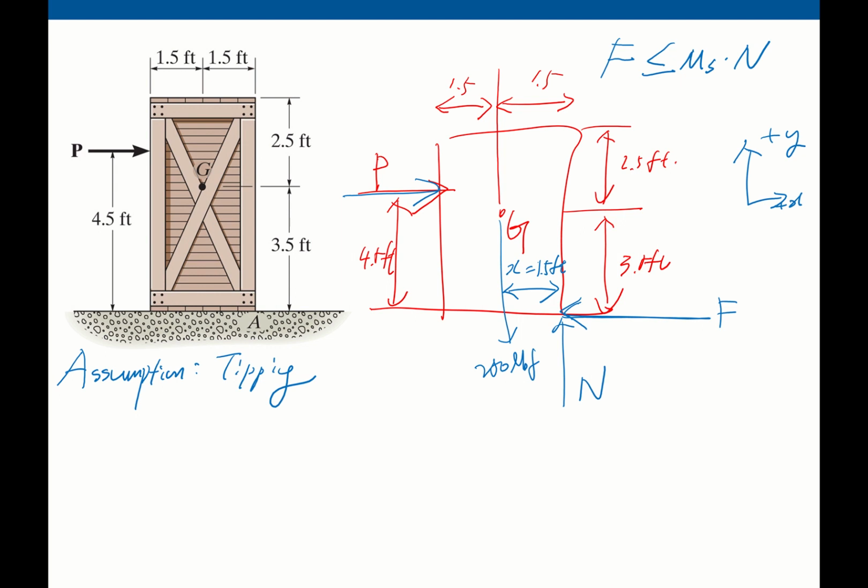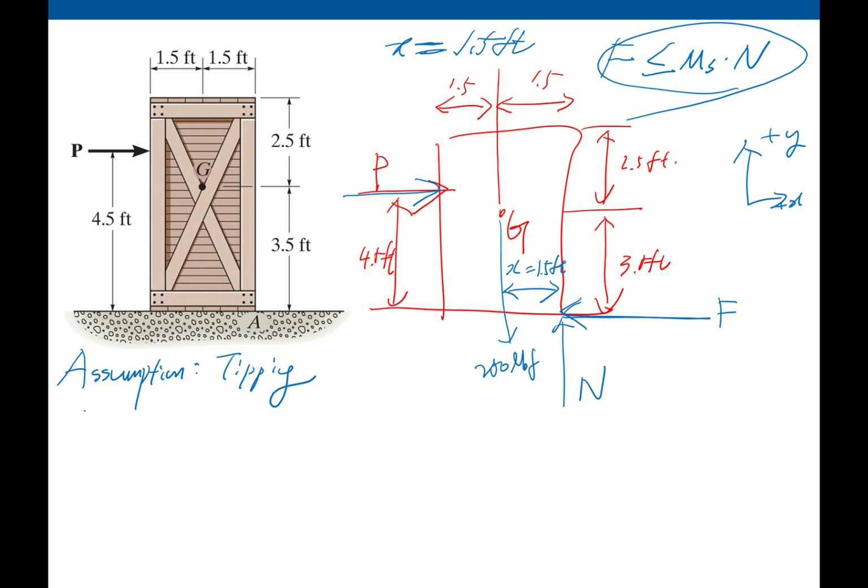It's possible, but usually it should be less than. So we have to check this one at the end. But we do know that since this one will tipping, our horizontal distance should be located at the edge of the box. So that means this one should be 1.5 feet. This is known, based on our assumptions.